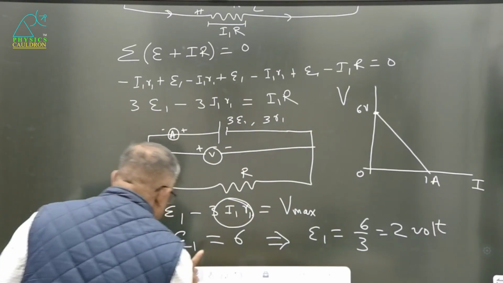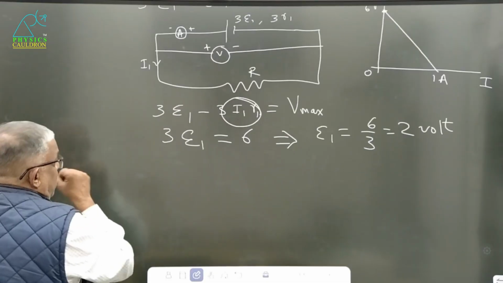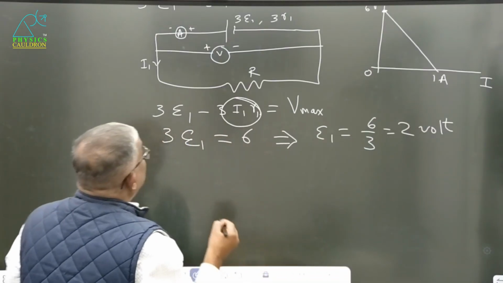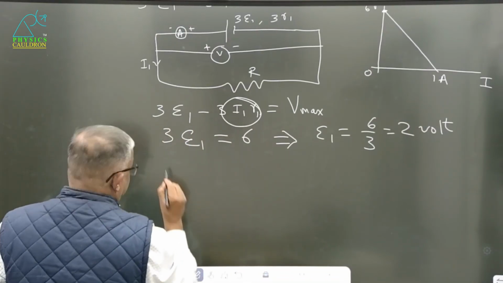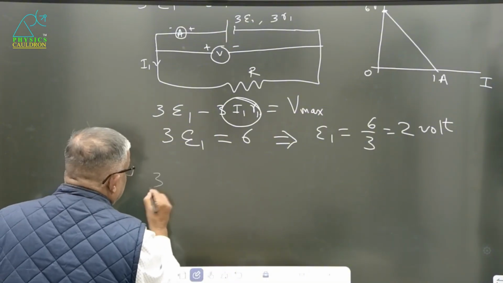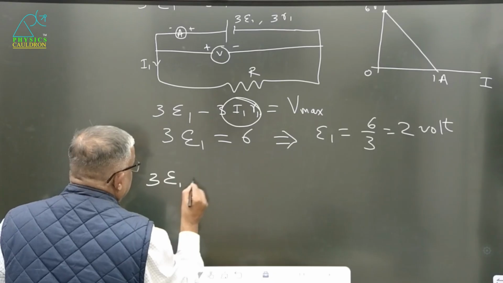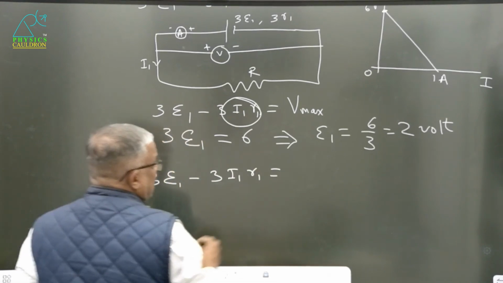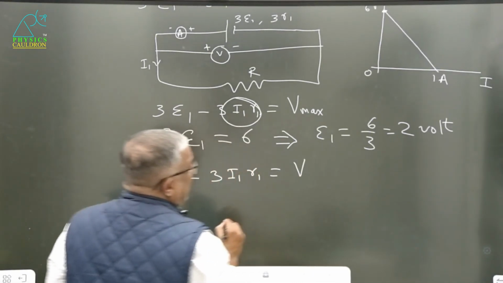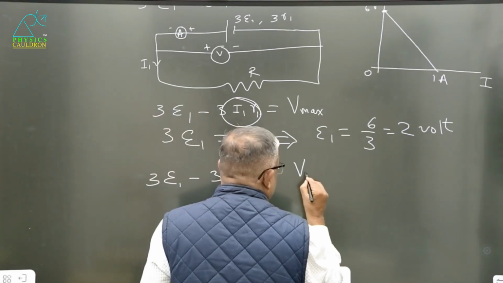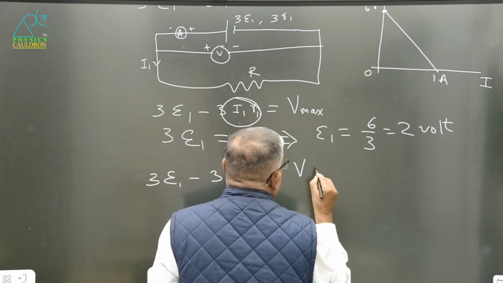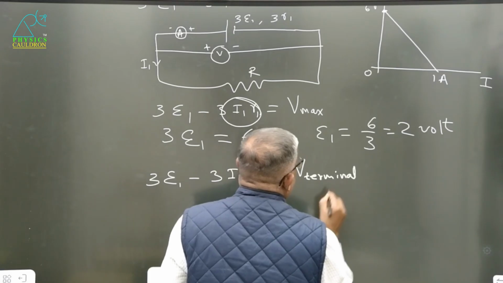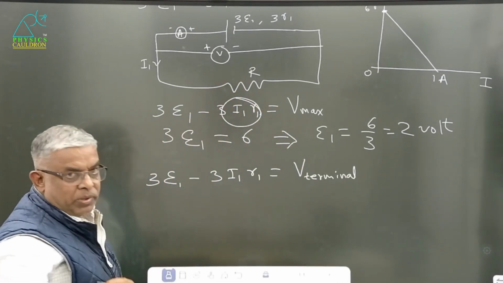Now, in a similar way, we interpret the other reading. 3 E1 minus 3 I1 R1 equal to V. This is the terminal potential difference, which is read by this voltmeter.